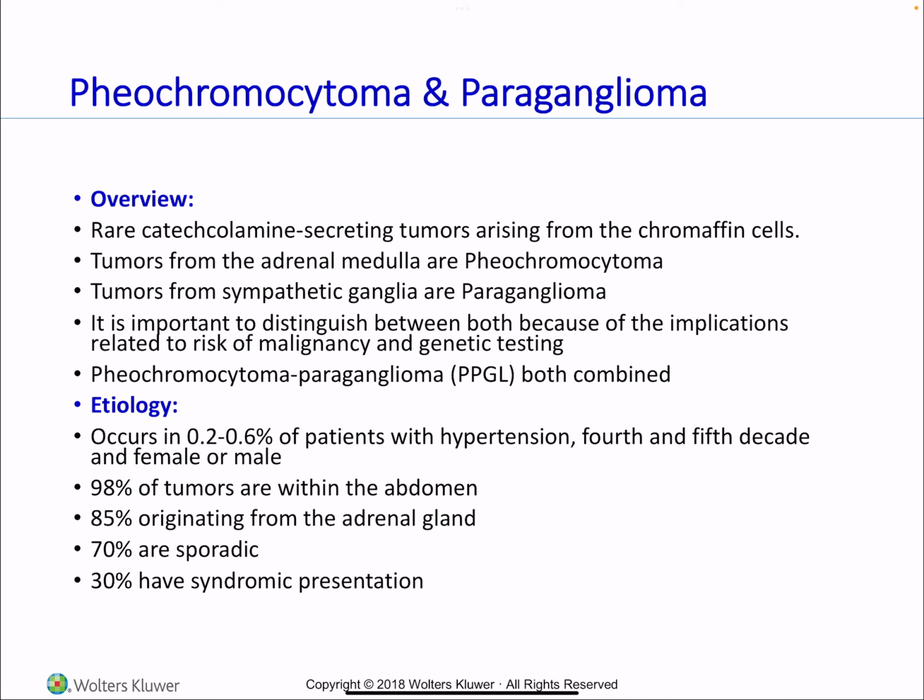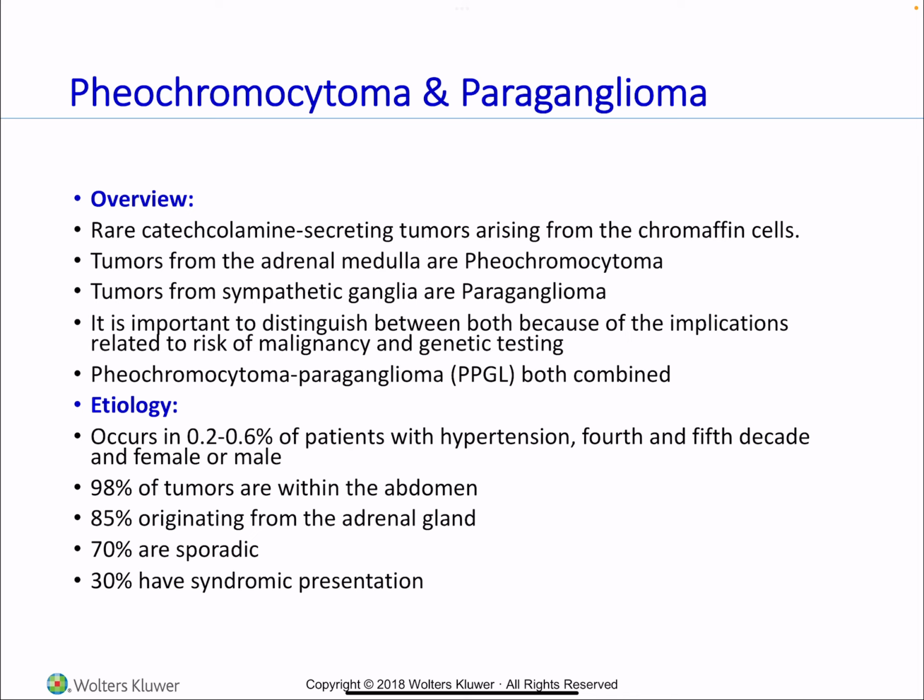It is very important to distinguish between both of these because of the implications that are related to the risk of malignancies and also for genetic testing. There's also a condition that combines both of them, pheochromocytoma paraganglioma, PPGL, which is when both of these conditions are combined.